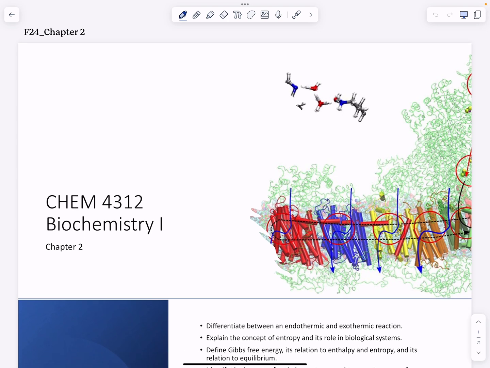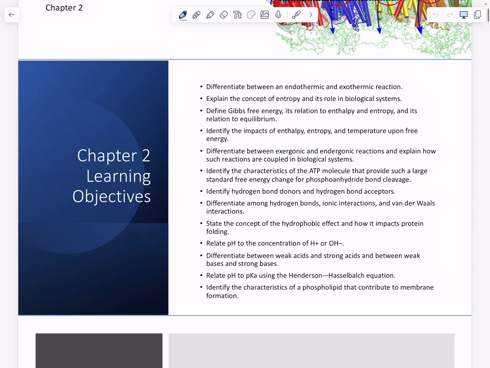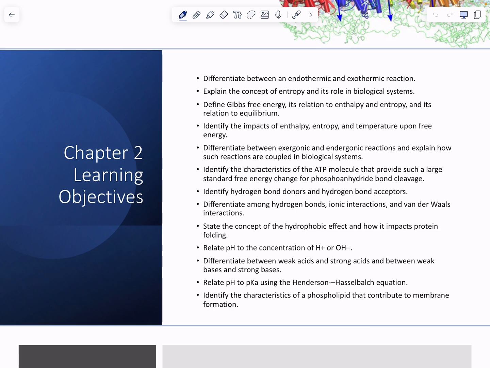Okay, so chapter 2 again is going to review concepts of energy, so endothermic and exothermic reactions. We're going to remind ourselves about the different types of components of energy that contribute to what we call free energies, which is whether or not reactions occur. Okay? So we'll talk about the different ways we can calculate free energies or use information about free energies to tell us about what's controlling the behavior of a system.